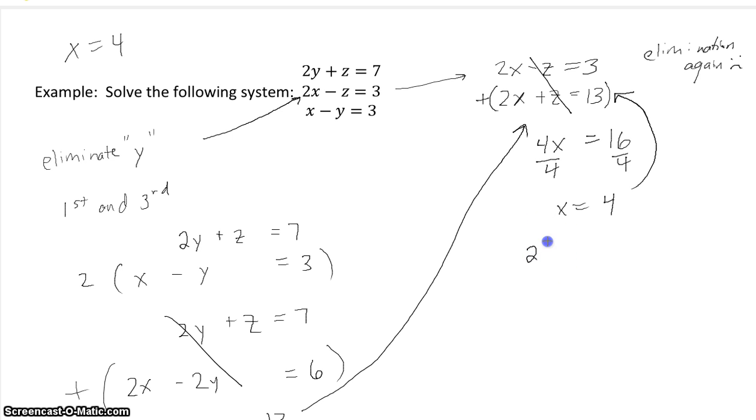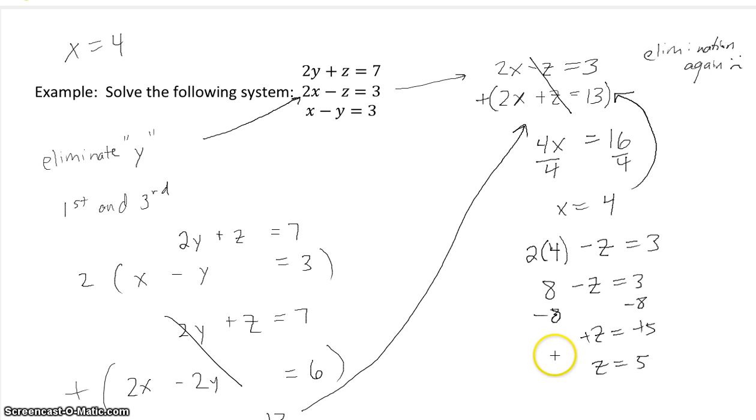So 2 times x, or 2 times 4, minus z equals 3. So 8 minus z equals 3. I'm going to subtract 8. Negative z equals -5. Take out the negatives, I'm left with z equals 5. So z is equal to a positive 5.